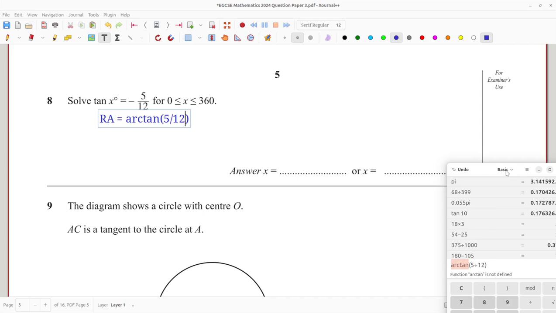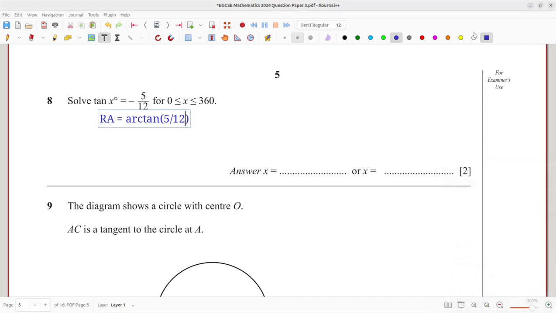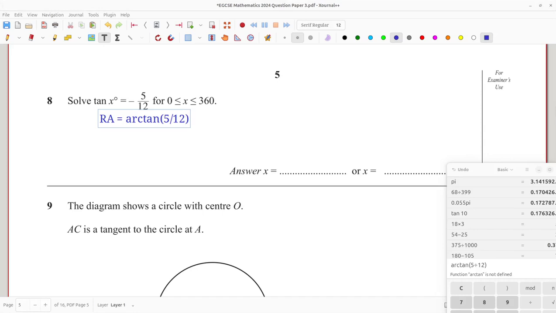What's the matter now? Let me use another calculator here. Arctan 5/12. What's the answer here? 22.6. This is equal to 22.6 degrees.